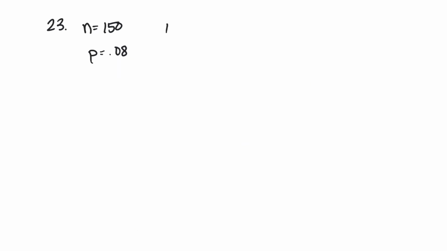Number 23. Here we have a batch of apples selected from a major population, and we get a sample of 150. They tell us that a random sample was taken and that the real percent of bad apples in this group is about 8%, right? We see that number right here.